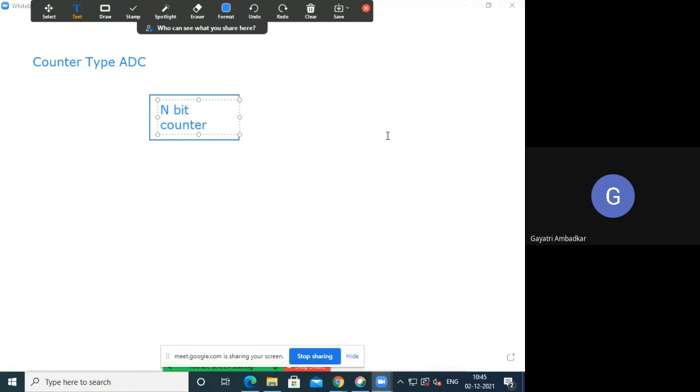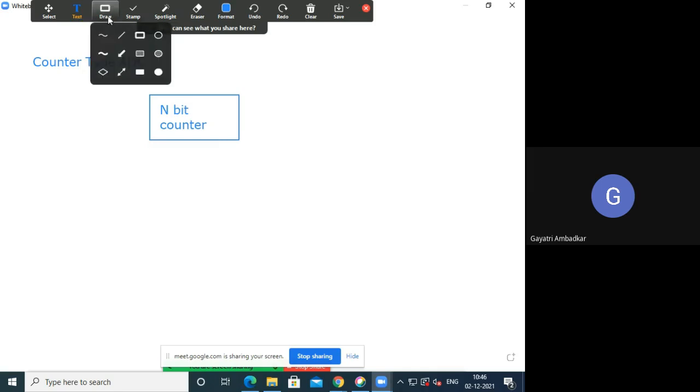Different types of counters you have studied. So what is basically the purpose of a counter? It counts the number of pulses. If at the input you provide some pulses, it will count the number of pulses. So this is an n-bit counter.